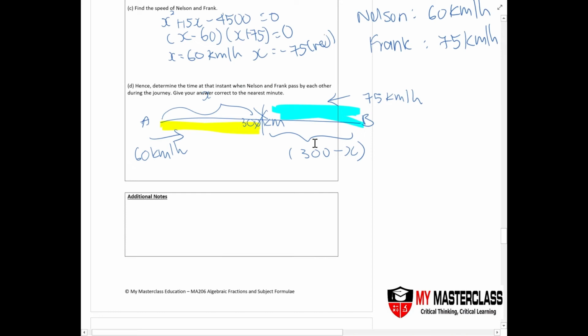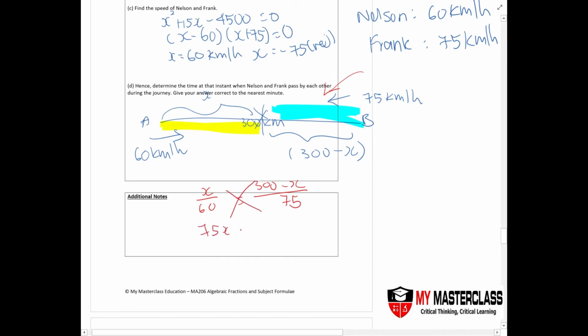Find X. Knowing that the time is the same, we will have X divided by 60 equal to 300 minus X, distance divided by speed. Cross multiply, what should you be getting?